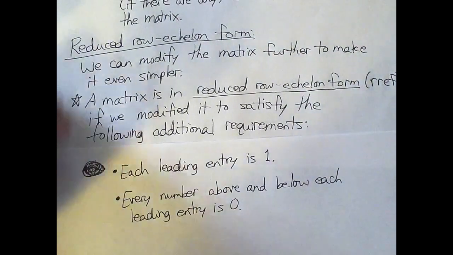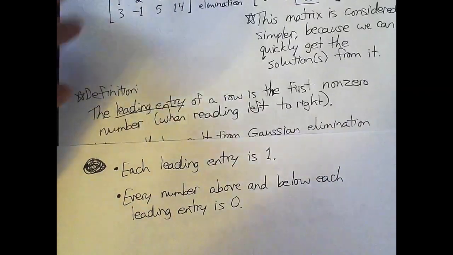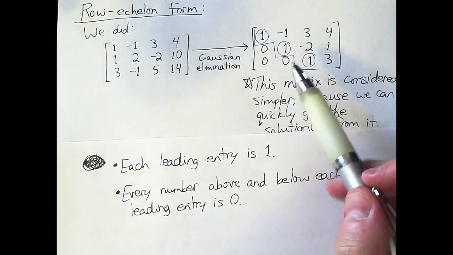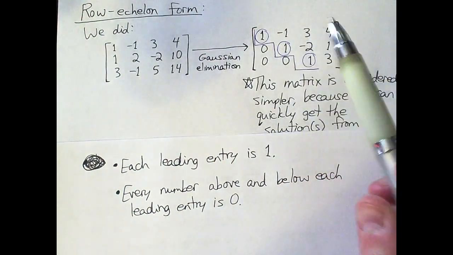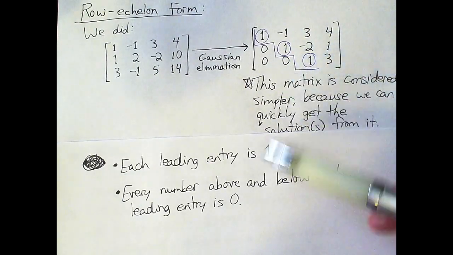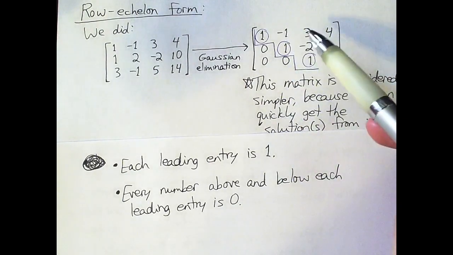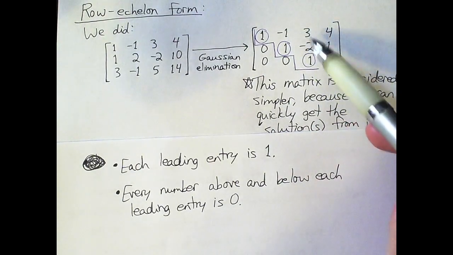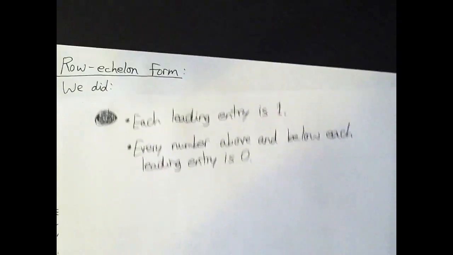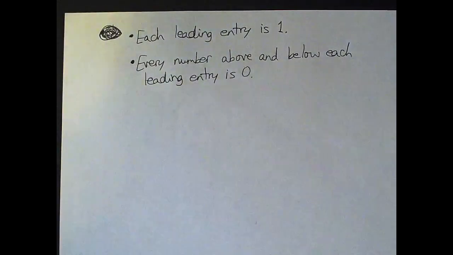I'll show you real quick. Here's the matrix from earlier. I circled the leading entries, and you can see that the numbers below the leading entries are zeros, but this says that we would also need to have the things above the leading entries be zeros, and that would be considered even simpler. I'm going to show you what that looks like.